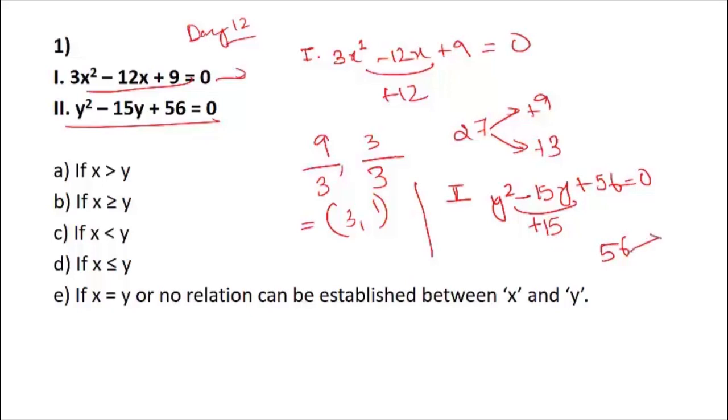If you see, 7 into 8 is 56. Now we want plus, so we add a plus sign in both of them. The coefficient of y square is 1, no need to write. So 7 and 8. What relation you can derive from here is x is less than y. So your answer would be C.